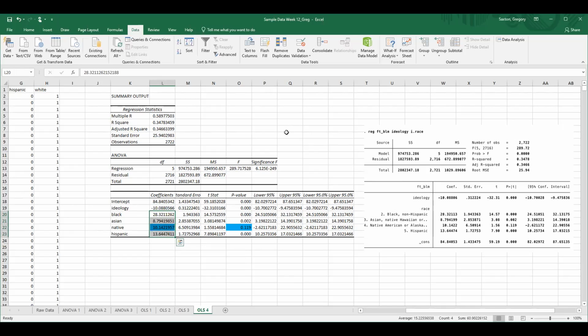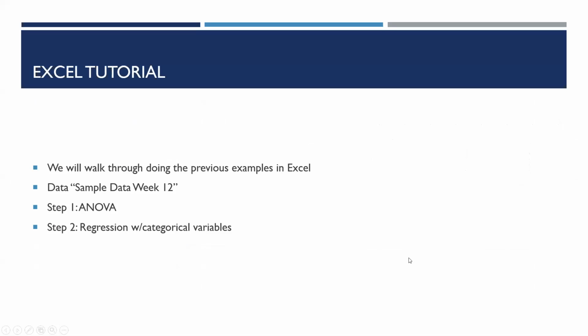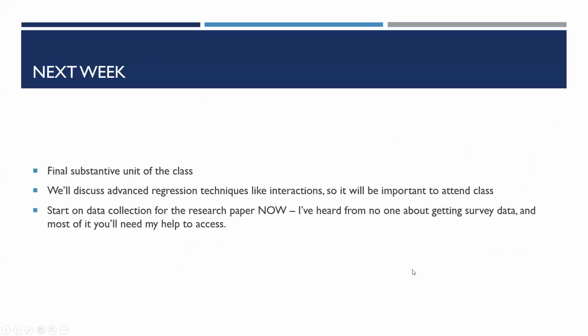All right, so that is everything that I wanted to go through today. Let me just switch over to PowerPoint again, because I do have a slide with some reminders on it for everyone. As I mentioned at the beginning today, next week is going to be our final substantive unit of the class.